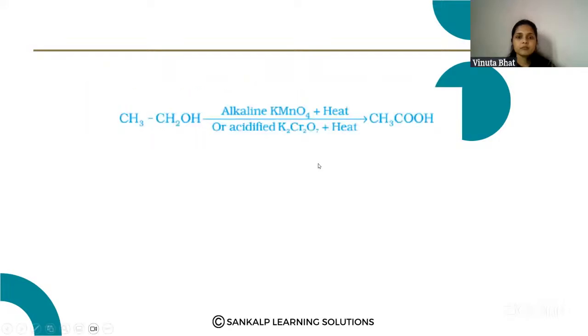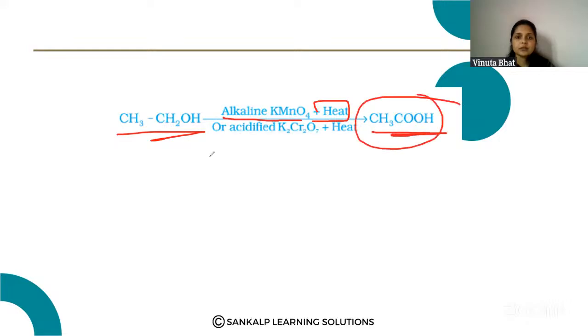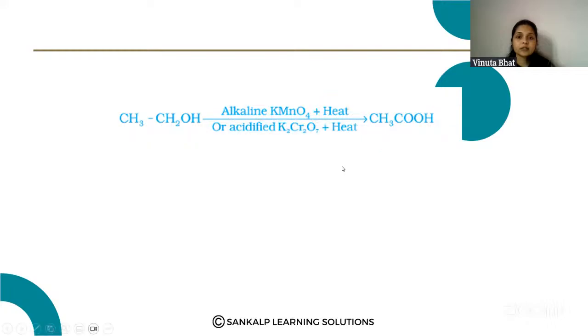Here, this is the ethanol. When it is oxidized with alkaline KMnO4 and heated, it forms ethanoic acid. So this is the representation of how ethanol is converted into ethanoic acid.